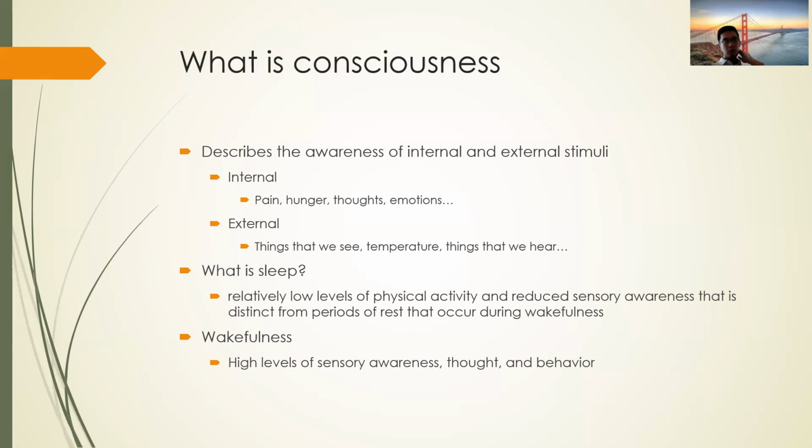So the question that I want to talk about is, where is consciousness located inside our brain? So why do people have consciousness? I think consciousness is a very special ability for humans or for the brain to have.